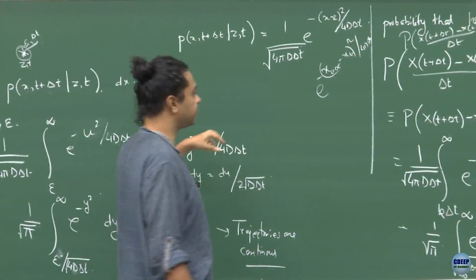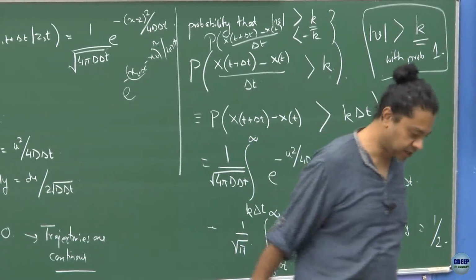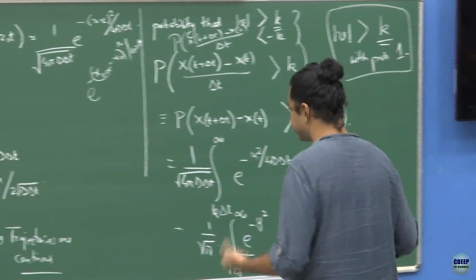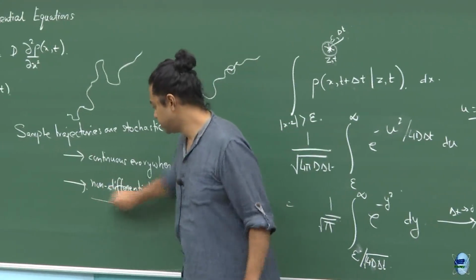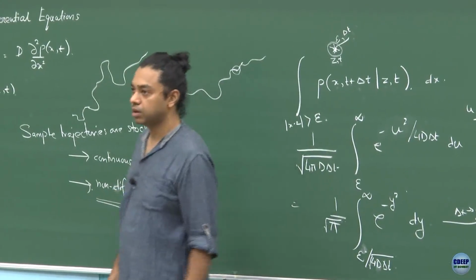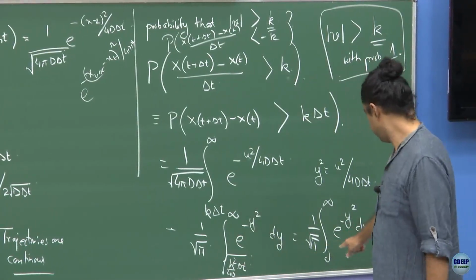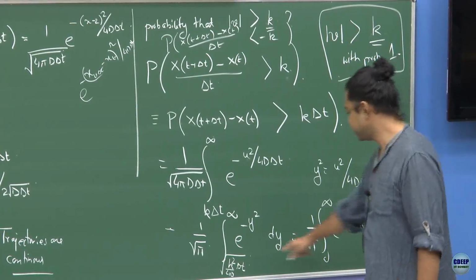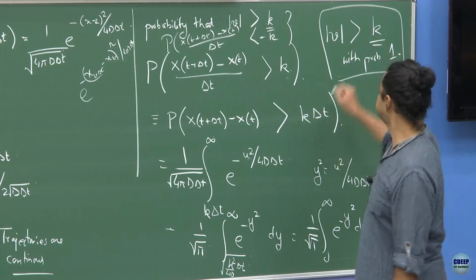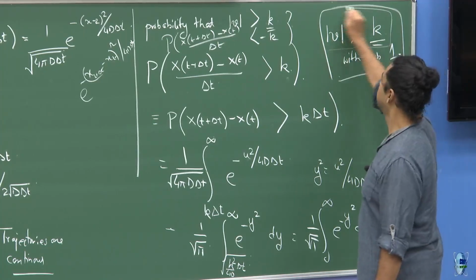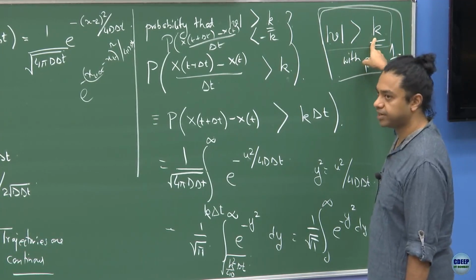That is the property of the sample trajectories we are showing: when a particle undergoes diffusion, the trajectories that they trace out are non-differentiable. But this proof is independent of whatever value of k I choose, right? I have proved this generically for any value of k, right?